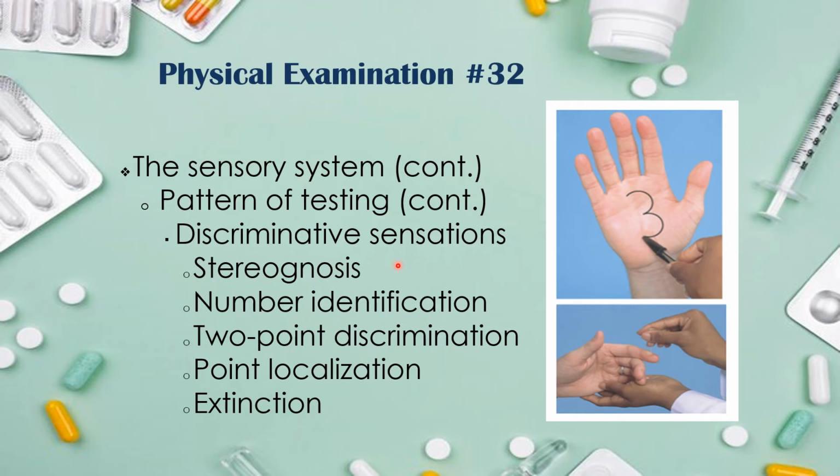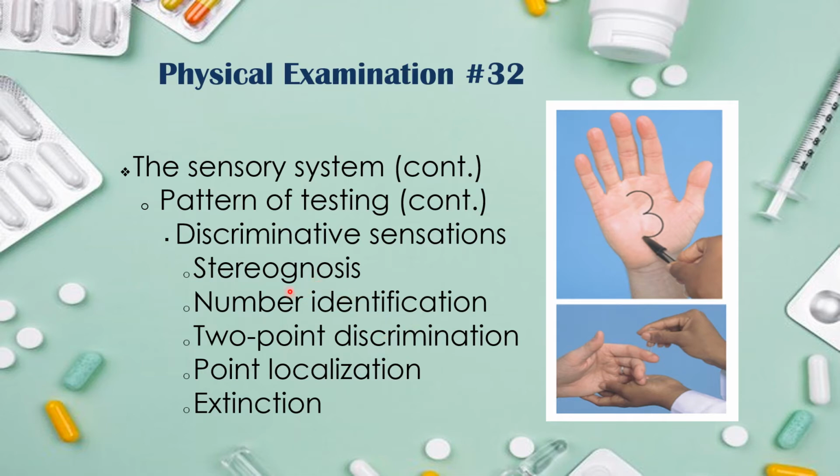If touch and position sense are normal but discriminative sensations are decreased or absent, this indicates a lesion in the sensory cortex. Stereognosis, number identification, and two-point discrimination are also impaired in those who have posterior column disease.